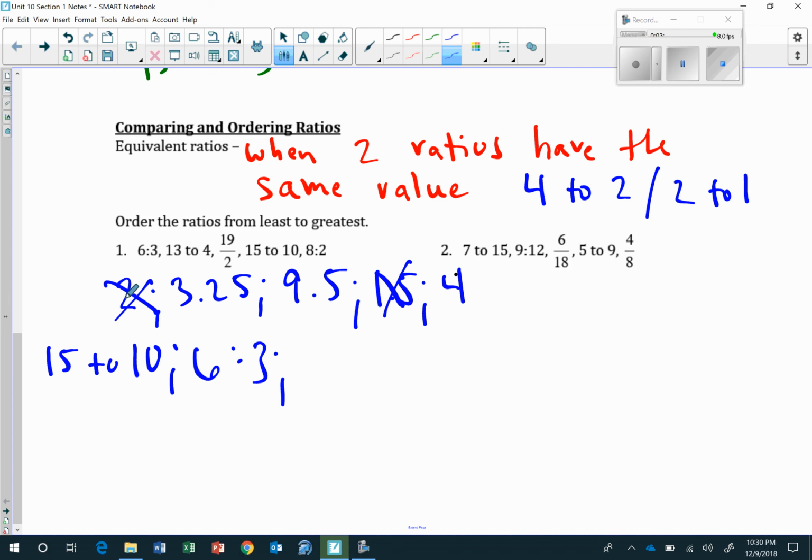Next up, I have 3.25, which original form was 13 to 4. Next up, I have 4, which original form was 8 to 2. And then I have 9.5, and its original form was 19 over 2. So I've written those in order from least to greatest. All right, I'm going to leave number 2 for you guys to go ahead and try.